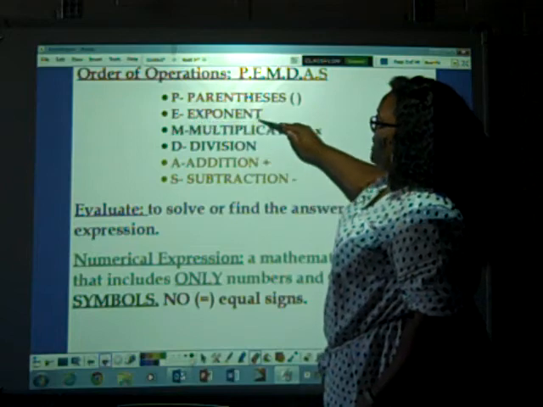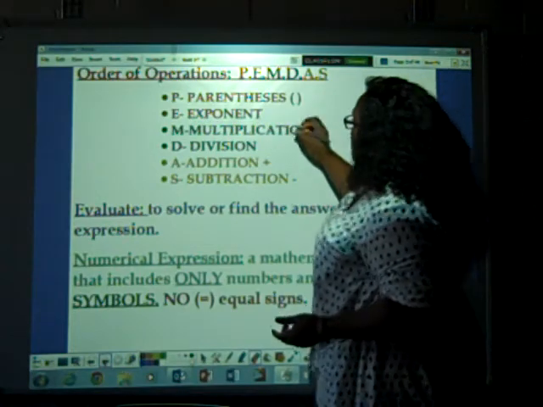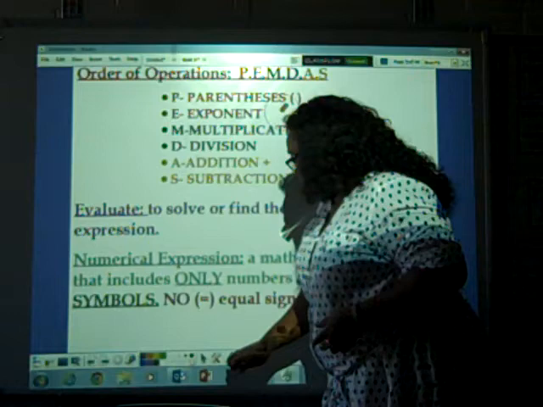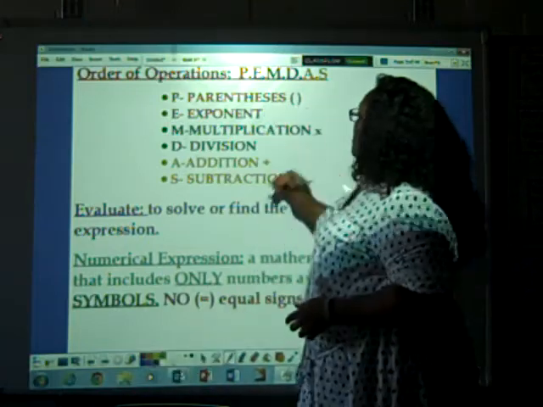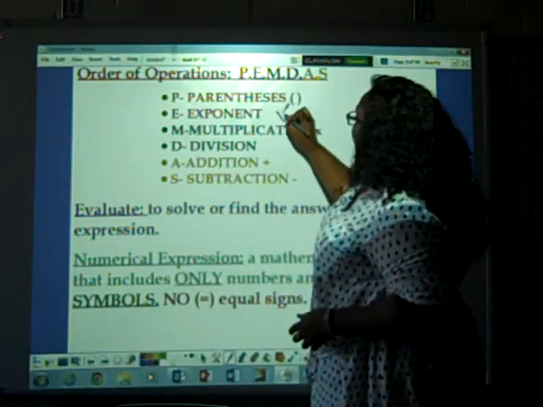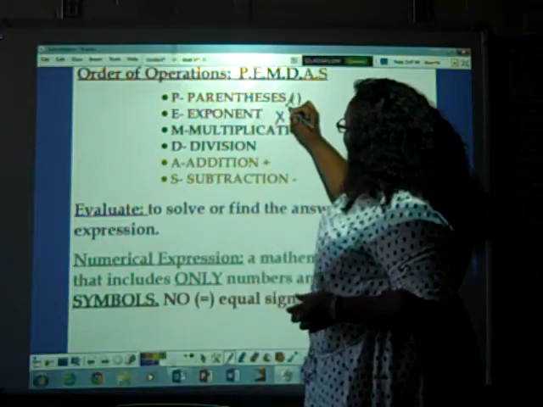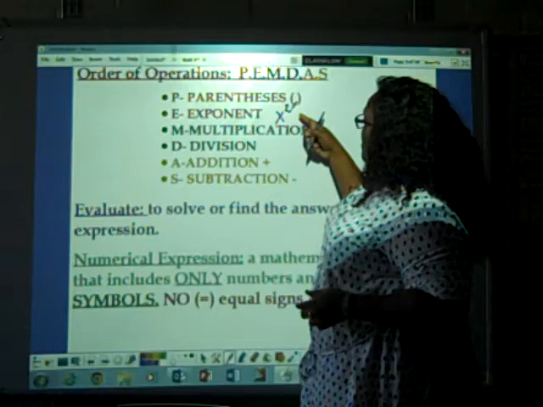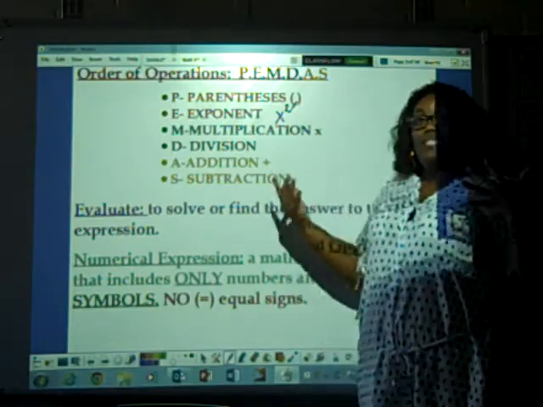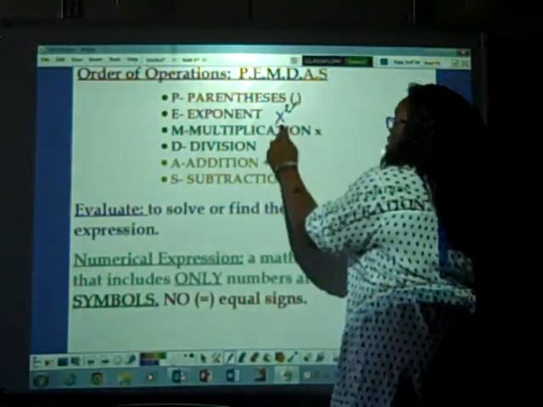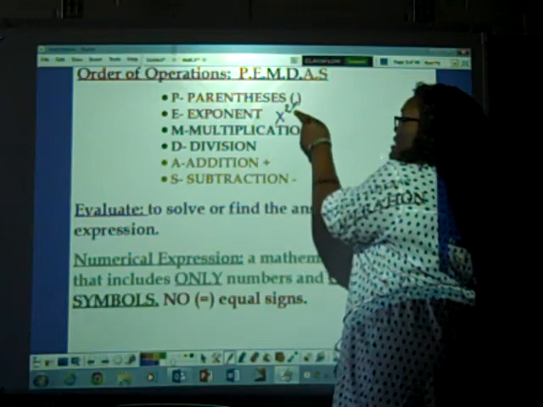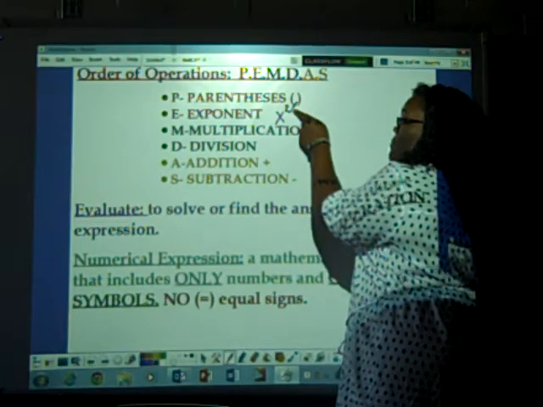E stands for exponent, and with an exponent, you usually have a letter, and then right above that letter, it could be a little number. It could be 2, 3, 4, 5, 6. That is your base, and then this is your exponent right here.